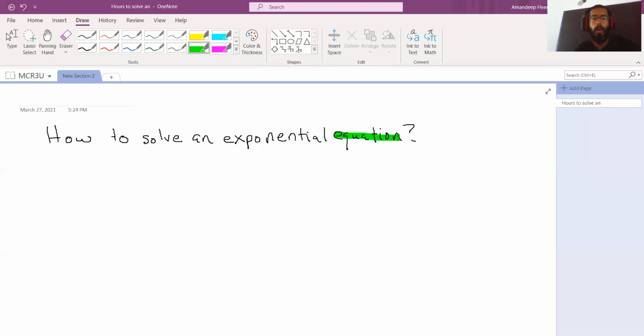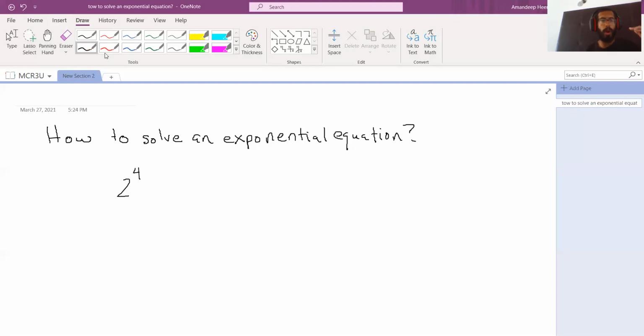Okay? Now, what do you mean by exponential? Well, you could think of the word exponents. For example, when you had 2 to the power of, say, 4, you remember that you have a number like 2 raised to some smaller number.